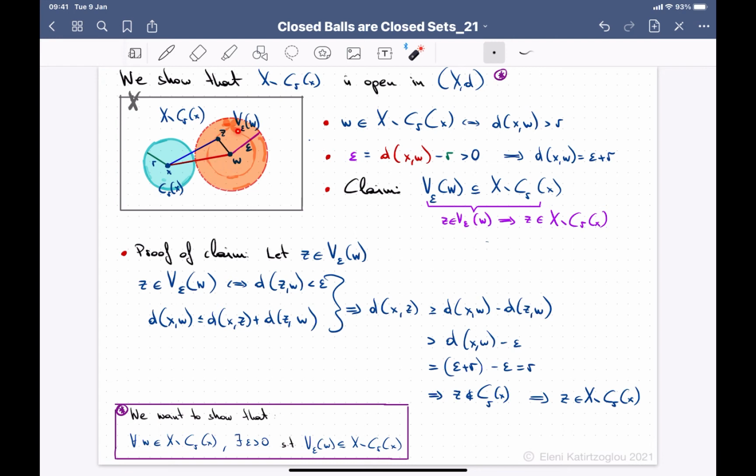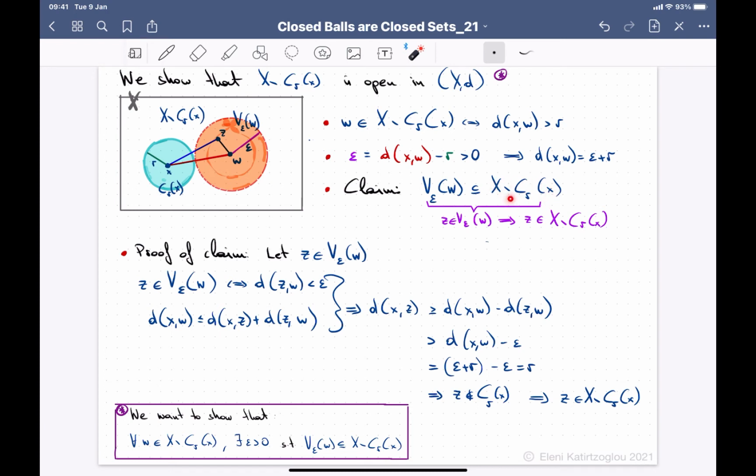Now, from the graphical illustration, we see that this epsilon neighborhood of W is all inside the complement of the closed ball. So from the graphical illustration it is clear. However, we actually need to show that. So this is our claim: that this epsilon neighborhood, for this epsilon, is all inside the complement of the closed ball.